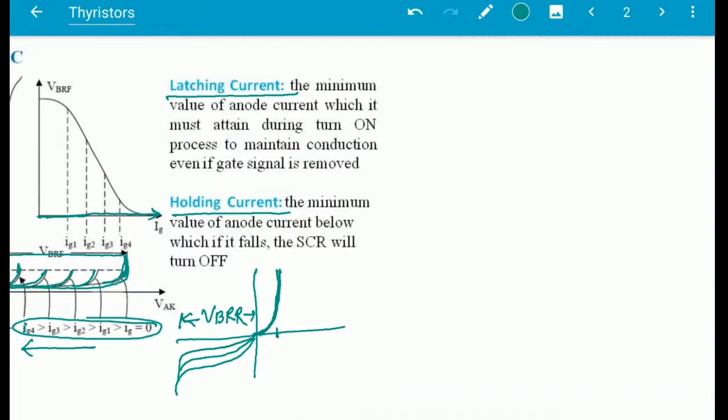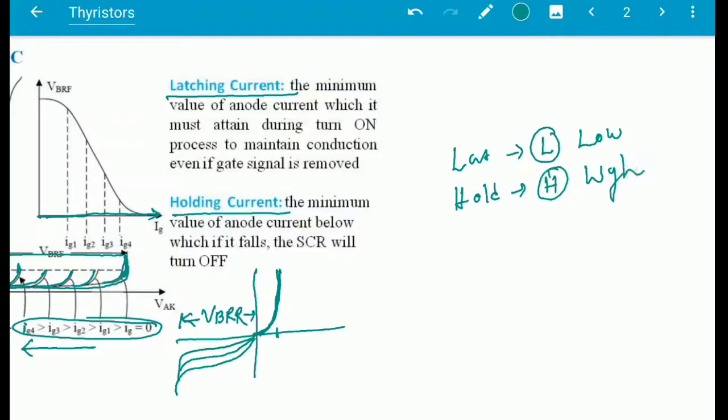So how to remember this one? Suppose for latching current I denote it as L, meaning low, and holding current I denote it as H, meaning high.